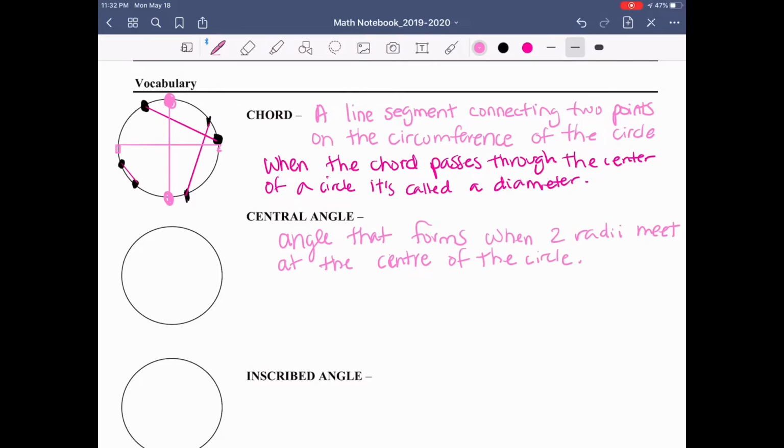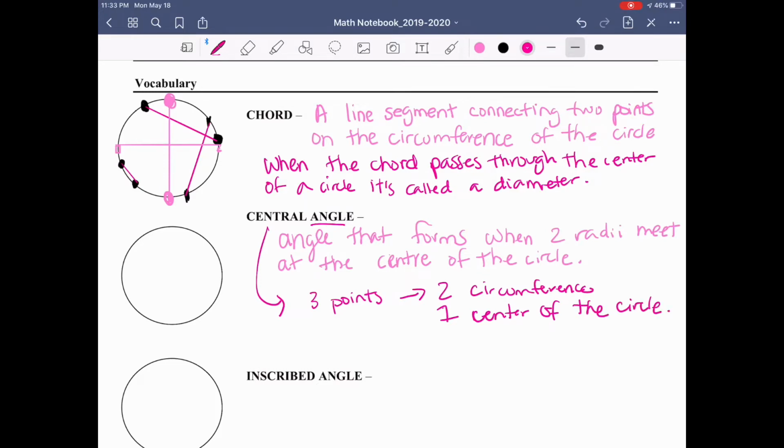Okay, so basically with a central angle, all angles, guys, are made up of 3 points. You know how a chord was made up of 2 points? Any 2 points. An angle is made up of 3 points. And with a central angle, you have 2 on the circumference and 1 in the center of the circle.